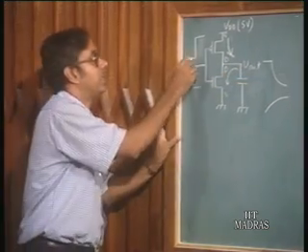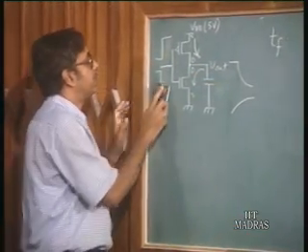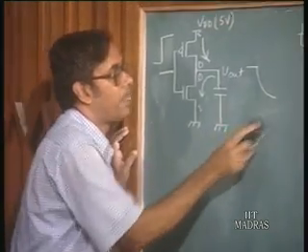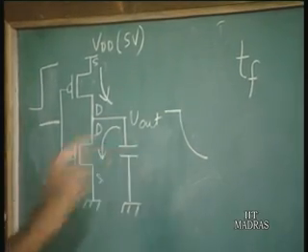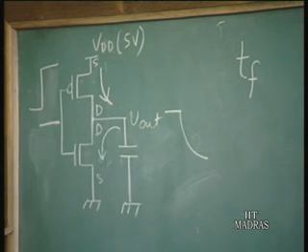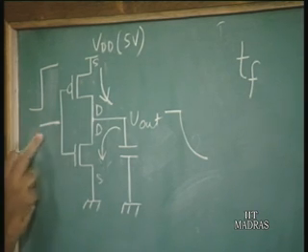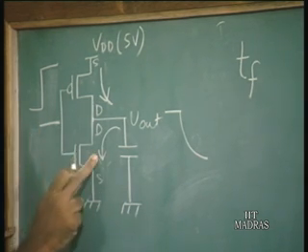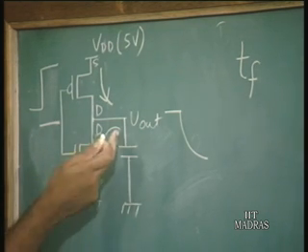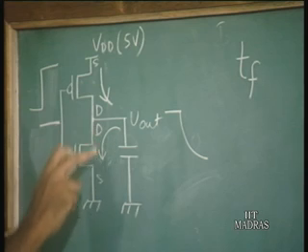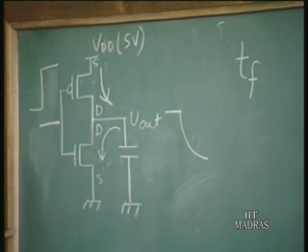So, we are considering the case where the input has increased from 0 to VDD, say, and the output is falling from VDD to ground. As the input has gone up, the NMOS transistor turns on, and that is discharging the capacitance. The current flowing through the NMOS has to be considered to calculate the discharge.